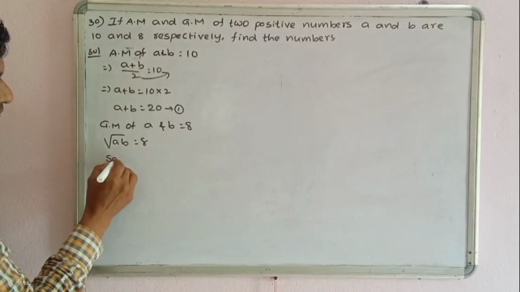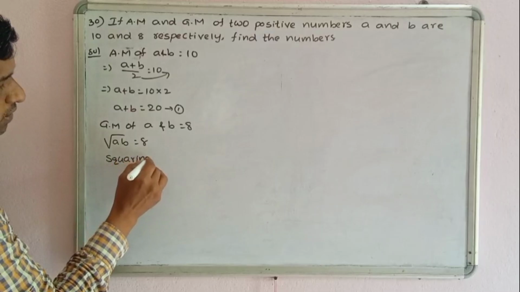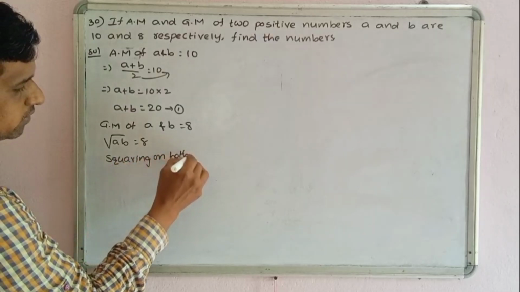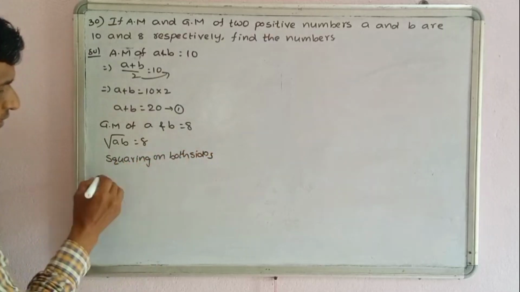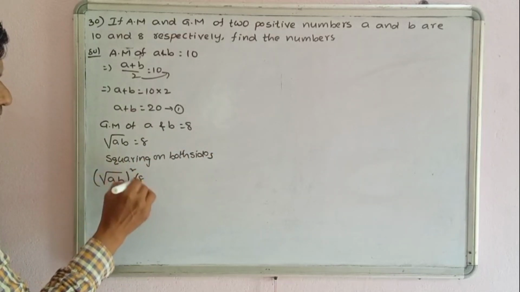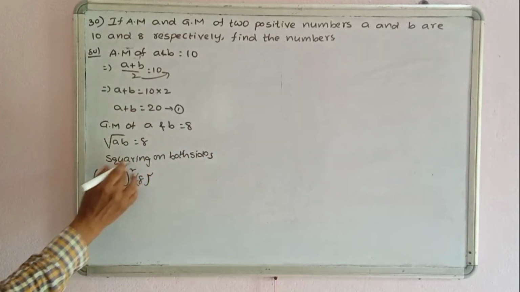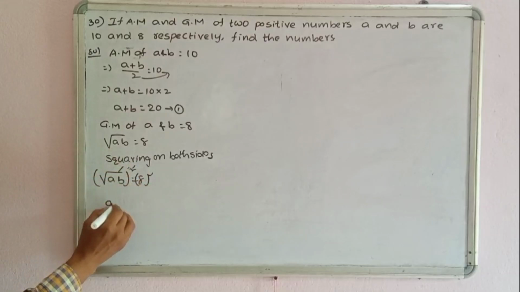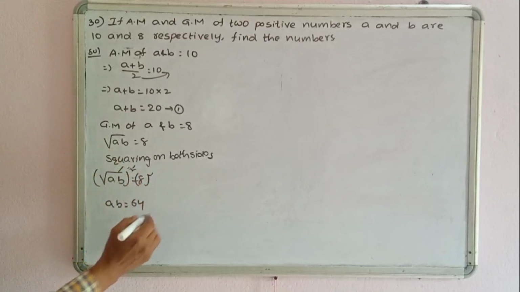Squaring on both sides, the square root gets cancelled. So AB equals 8 square, value 64. Okay, we know that.